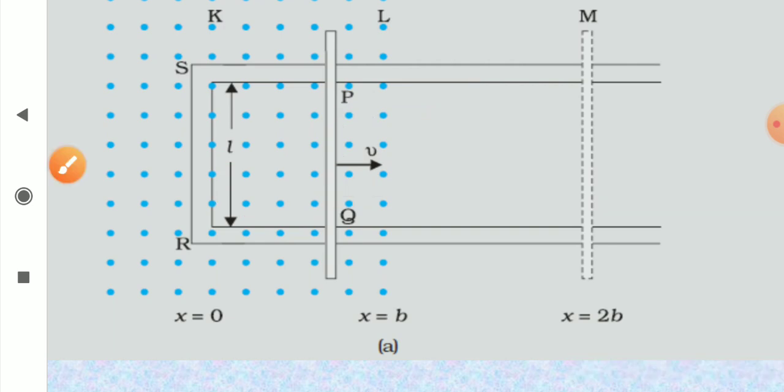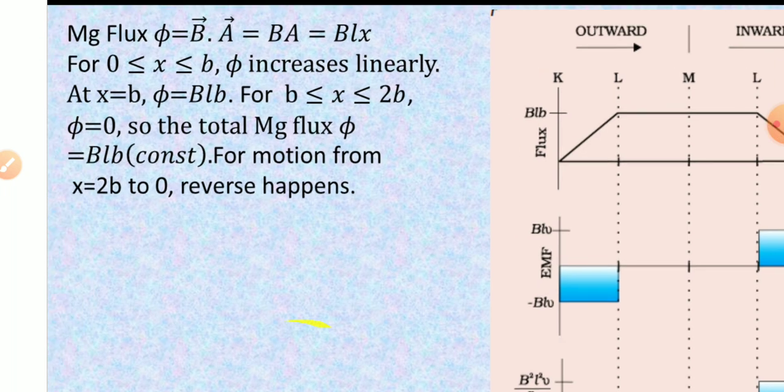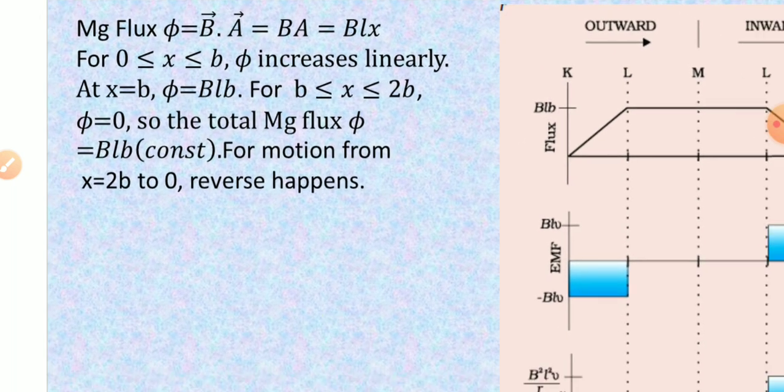And you have to draw the graphical variations also. So I hope the problem is clear, and let us move to the solution now. Let us look at the solution so you'll be able to understand the variation.